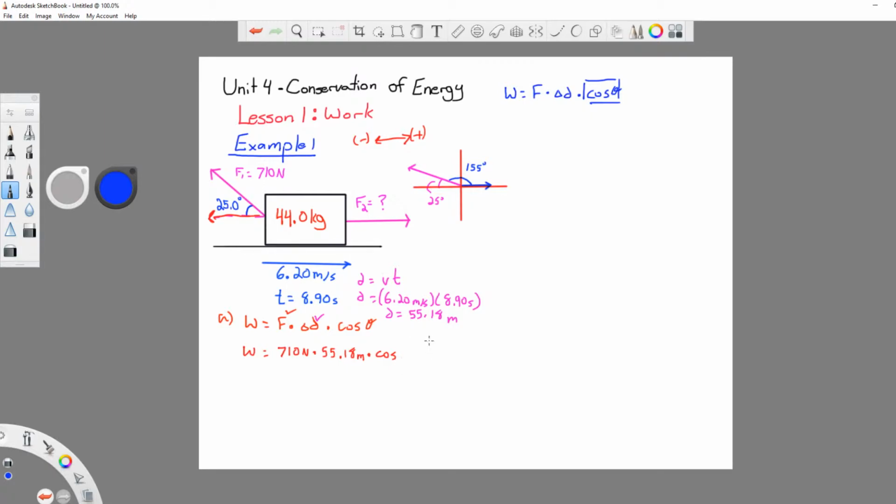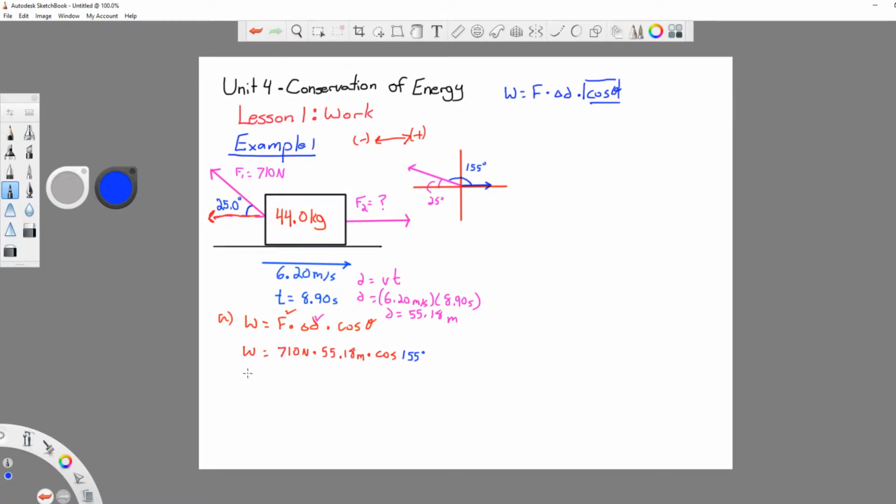And I'm now going to say cosine of 155 degrees. That is going to give us a negative number. I had it worked out, but my calculator went to sleep. Cos 155 is negative 0.487. So that in itself will make this a negative work function.